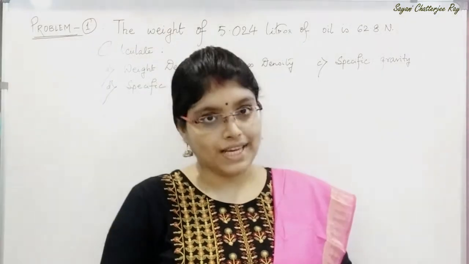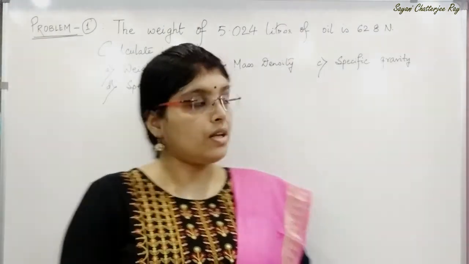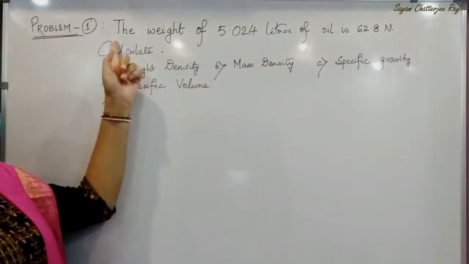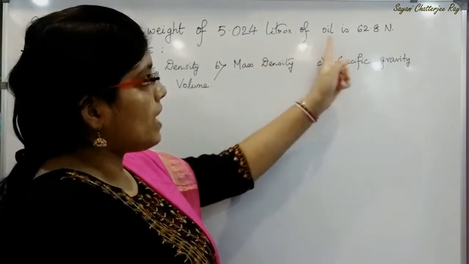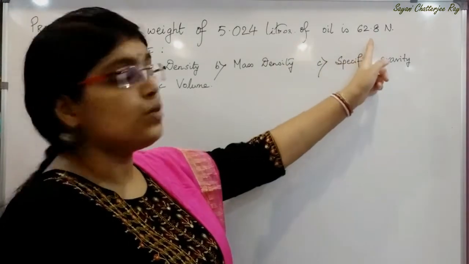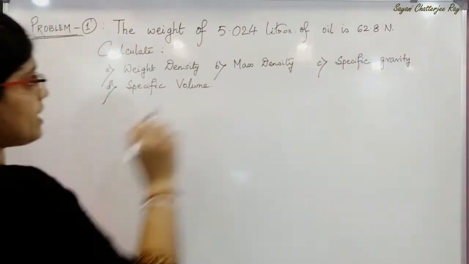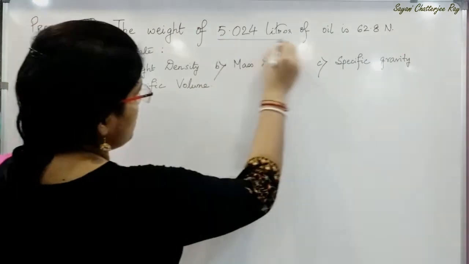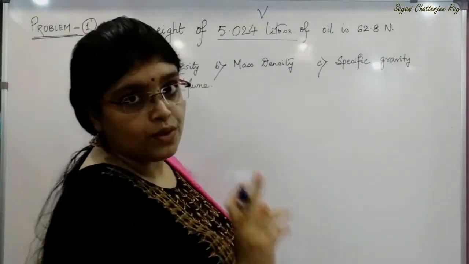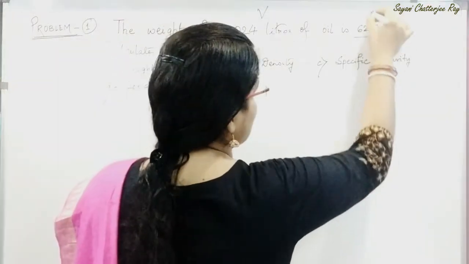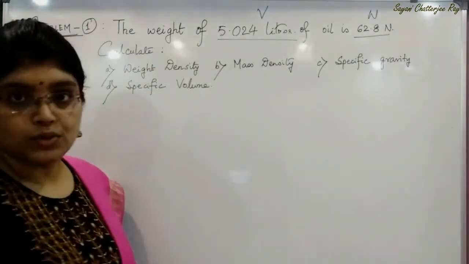First of all, we will check what is asked in the question. The question is: the weight of 5.024 liters of oil is 62.8 Newton. After studying the question, we know that the volume of oil is 5.024 liters and its weight is 62.8 Newton.